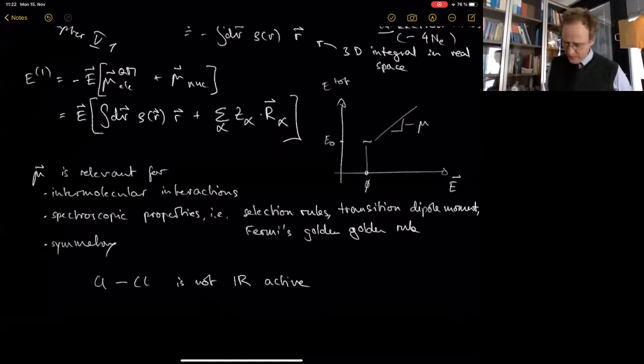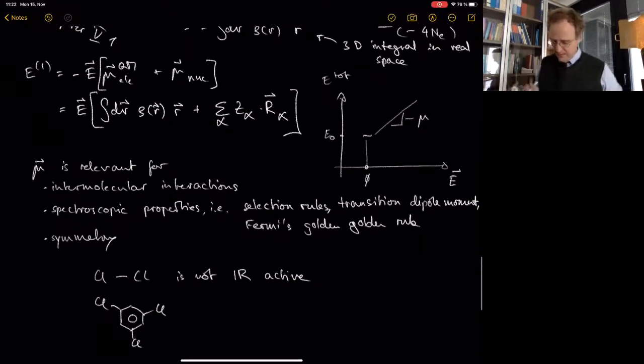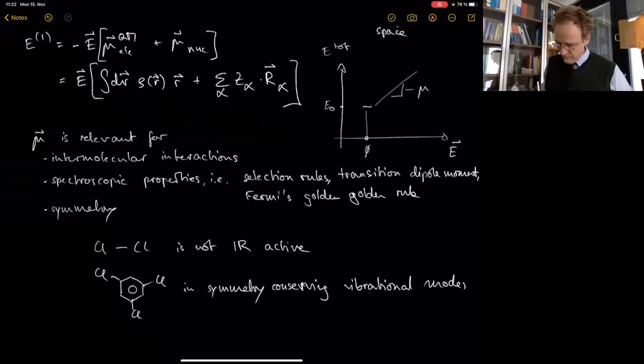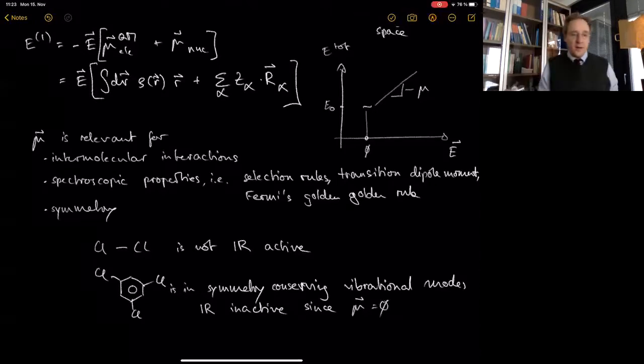Or if you have a vibration of a highly symmetric molecule, suppose a molecule like this one here, and this vibration conserves the symmetry, then it will also be inactive. All right.